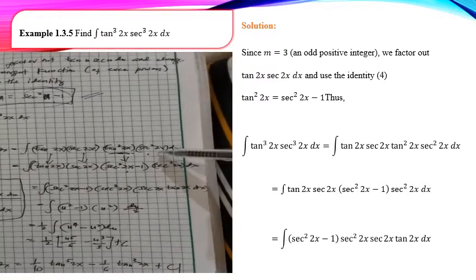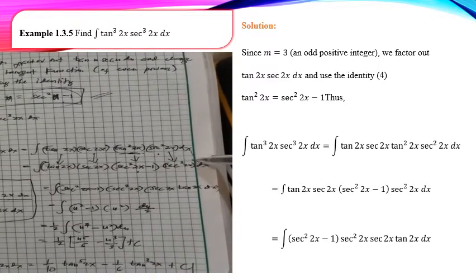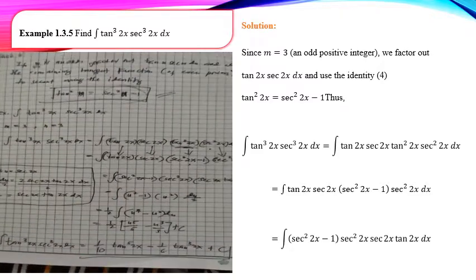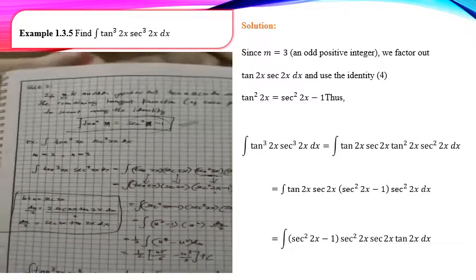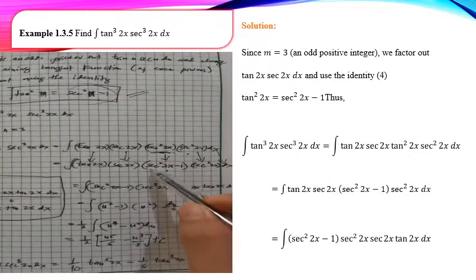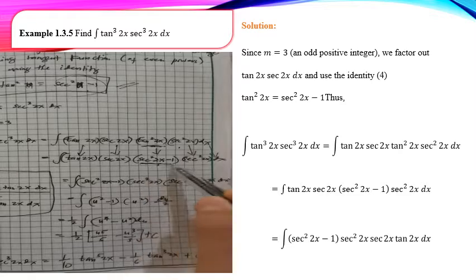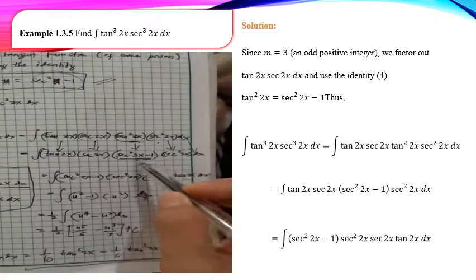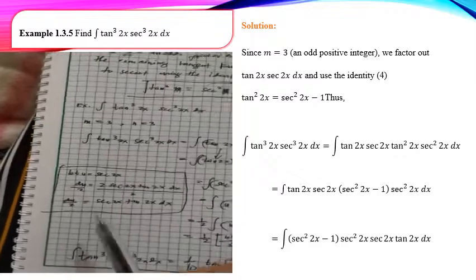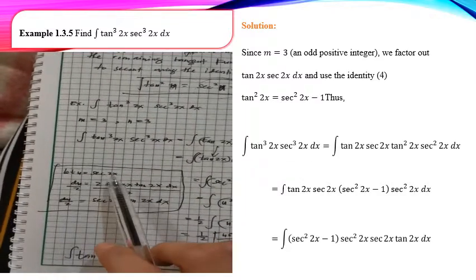And then si secant squared 2x dx is remain lang siya. And then after ninyong mag-replace or mag-change using the identity, ilalet ninyo na u is yung pinalitan ninyo. So, diba, since ito yung pinalitan natin, yung trigonometric function dito is yun yung ilalet natin na u. So, we can let u is equal to secant 2x.